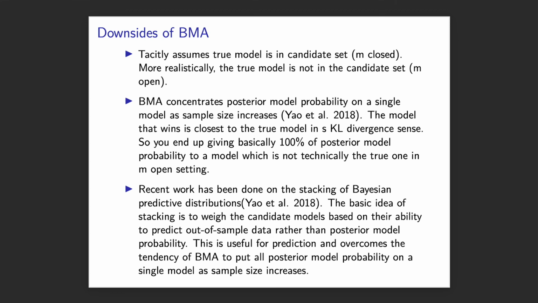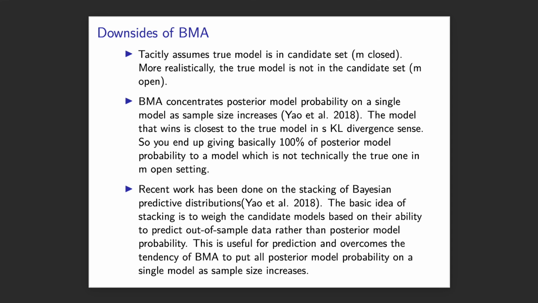While this is a useful technique to perform inference and get intuition, it's almost never true that the true model is in the set. So the M closed assumption means I'm assuming that the true model's in the set. Bayesian model averaging assumes that quietly. The M open means what happens if the true model is not in the set.